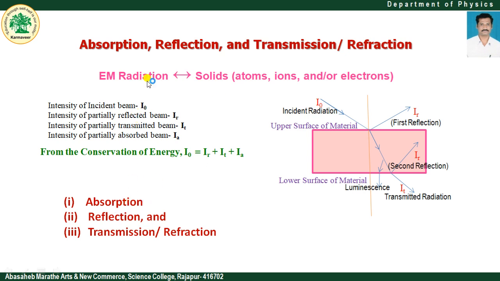Again, photons may give up their energy, but photons with identical energy are immediately emitted by the material and therefore the reflection occurs. Again, we have also seen that the photons may not interact with electronic structure of the material, then the transmission occurs. But in transmission, photons are changed in their velocity, okay, and a refraction occurs.